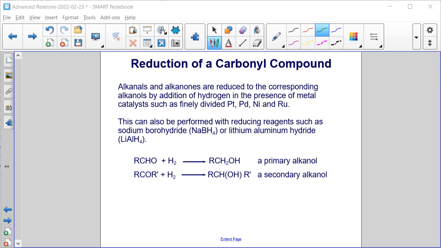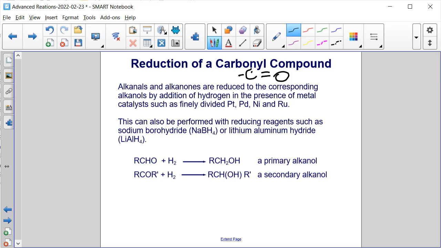The last way we're going to talk about for how we can form an alkanol is through the reduction of a carbonyl compound. So remember that a carbonyl compound is one that contains C double bond O in some form. Okay, that's a carbonyl compound.